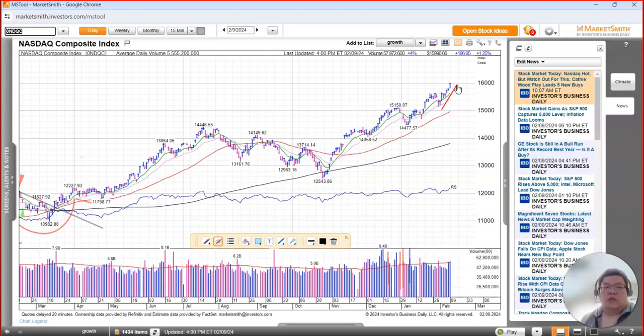The market digests that and says, okay, you're going to raise rates later, that's fine. But some of these stocks, we believe, will still do well going forward because there's a growth story. And so that's what happened.